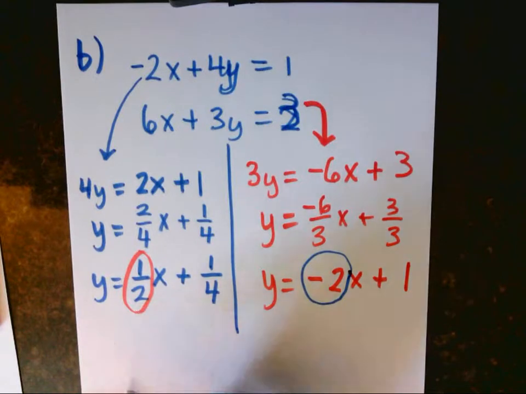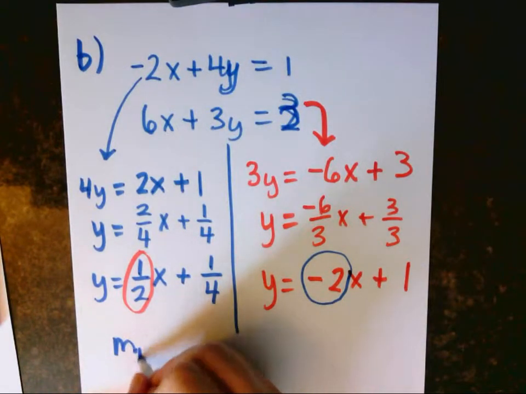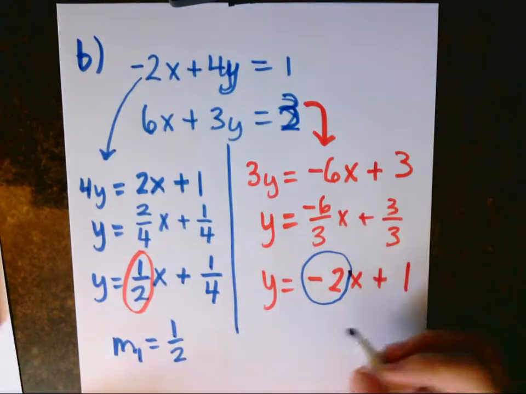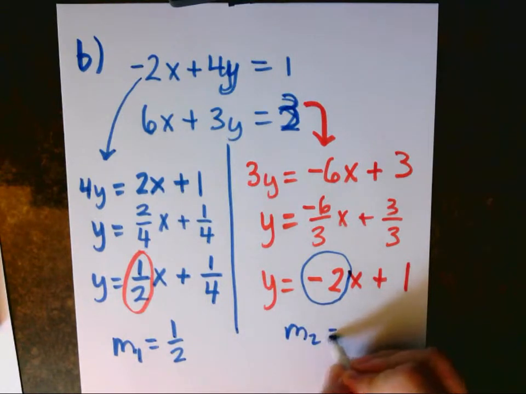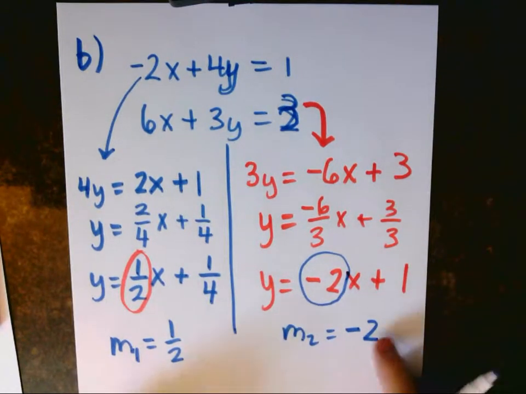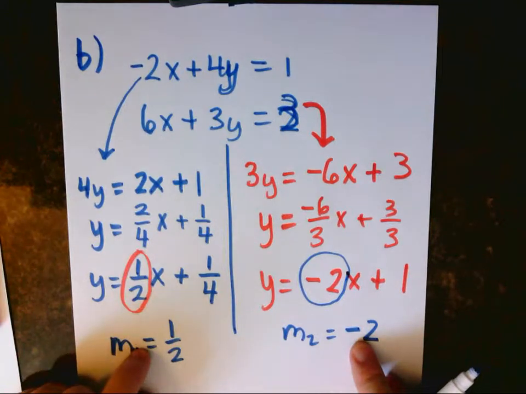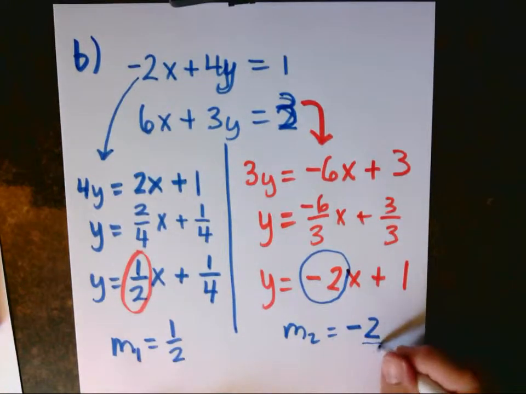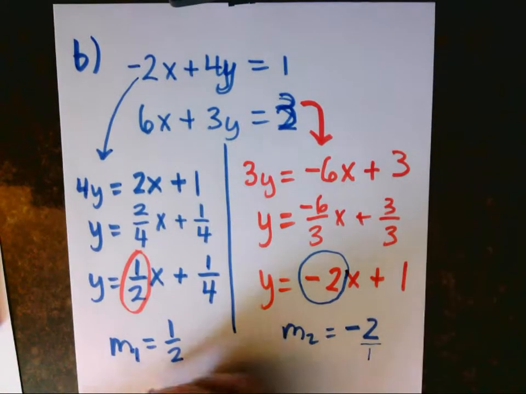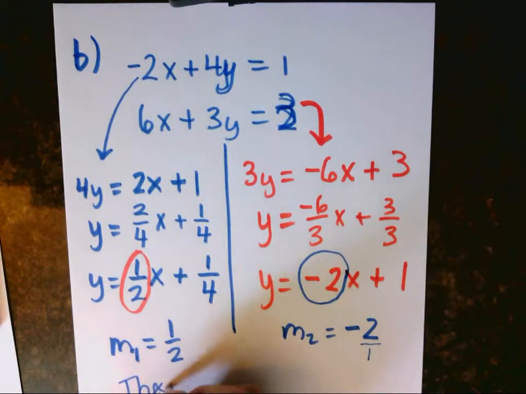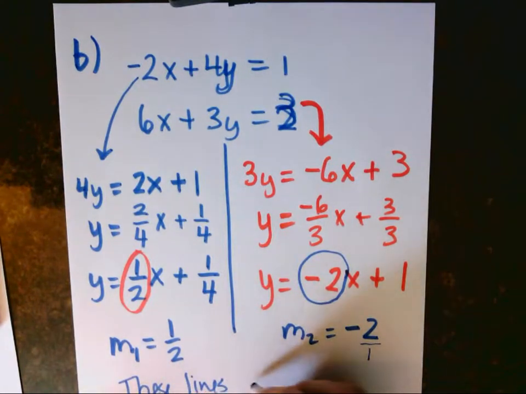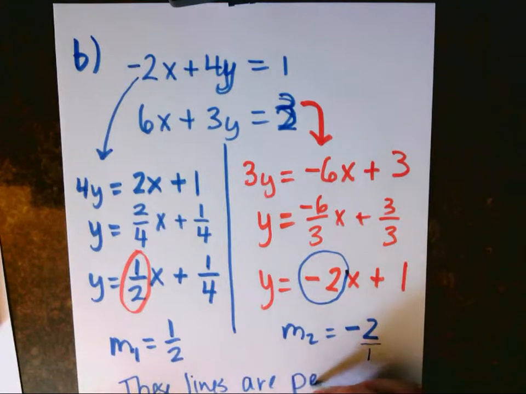We have a slope of 1/2. Line 1 has a slope of 1/2, and line 2 has a slope of -2. Notice that these are opposite signs, and they're reciprocals because this is a 2 over an invisible 1. So these lines are perpendicular.